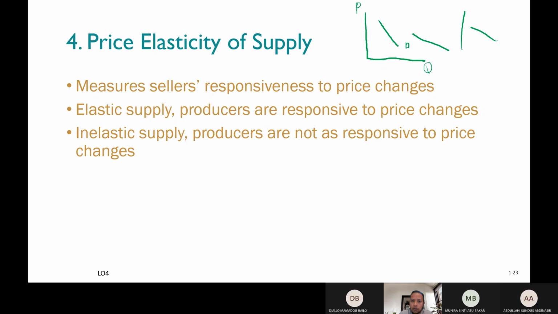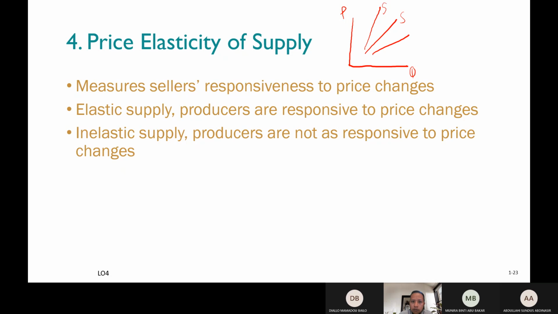There are different slopes to the demand curve, and this would represent the elasticity. The other part of this situation is the supply. The supply is this. The supply can also look like this, can also look like this, depending on the elasticity.